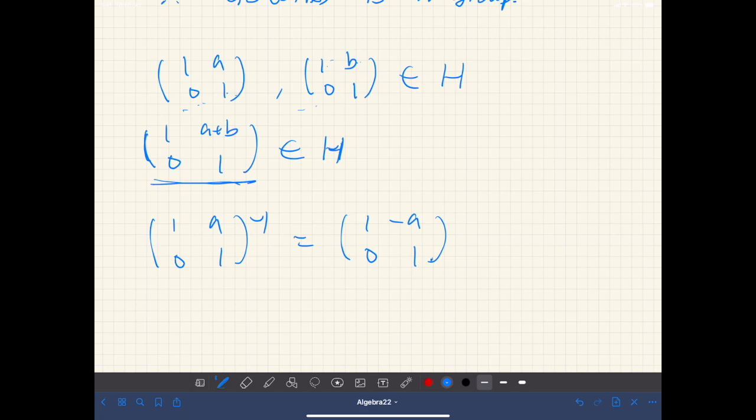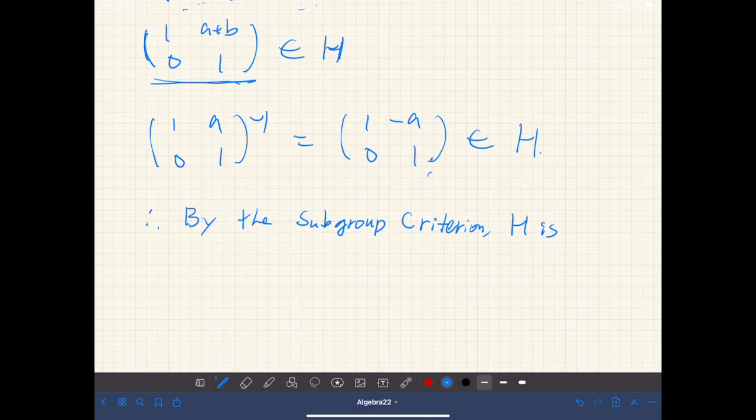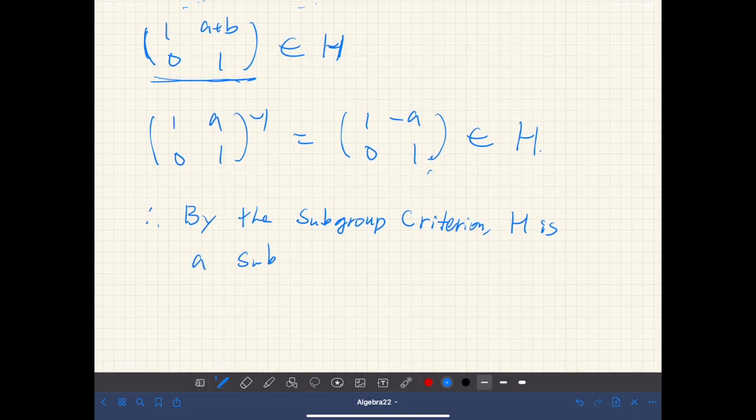So this is the inverse element, which is also an element of H. Therefore, by the subgroup criterion, H is a subgroup of GL2(R).